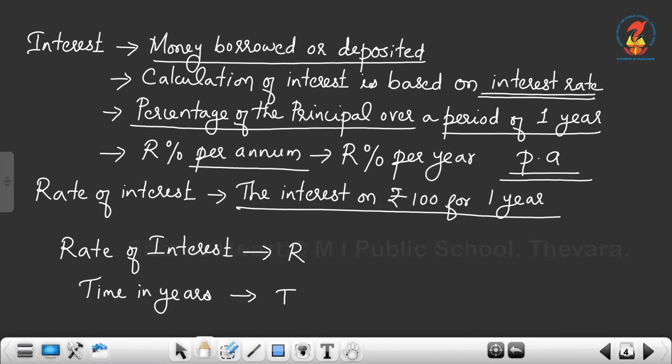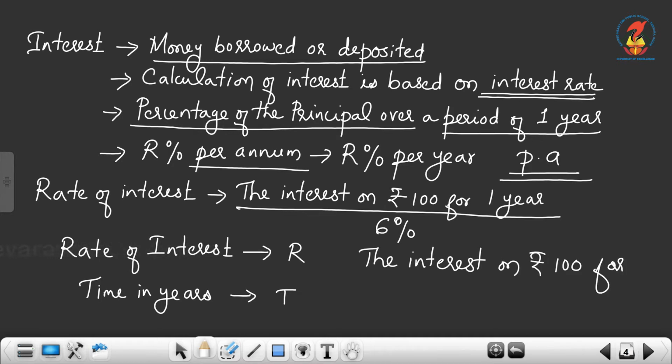For example, if the rate of interest is 6%, the meaning is that the interest on rupees 100 for 1 year is rupees 6.